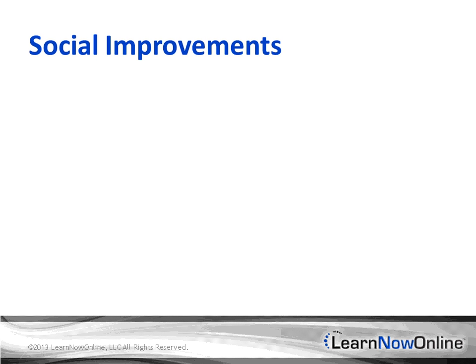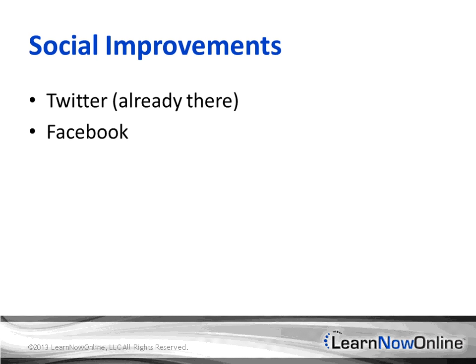In this course, we're going to talk about the various improvements that are built into iOS 6 for social networks. So first off, we've got Twitter, and Twitter's actually already there. I mean, that was there with iOS 5. Facebook, so that we can send updates to various user accounts in Facebook, which is clearly the most popular social network.